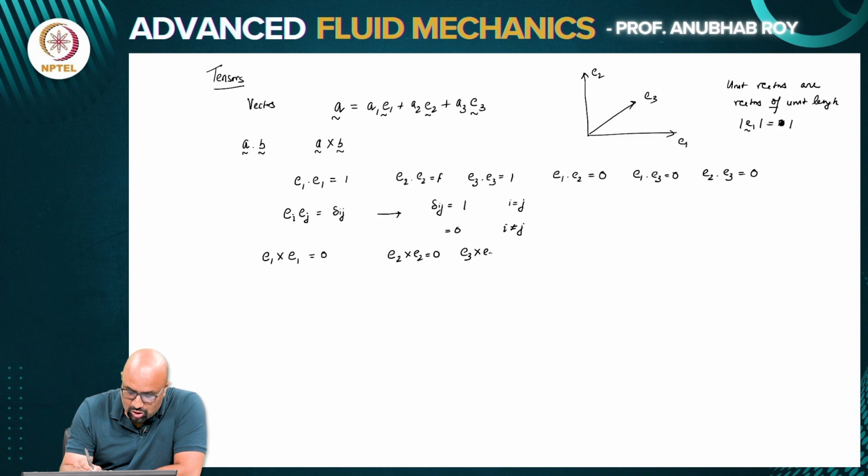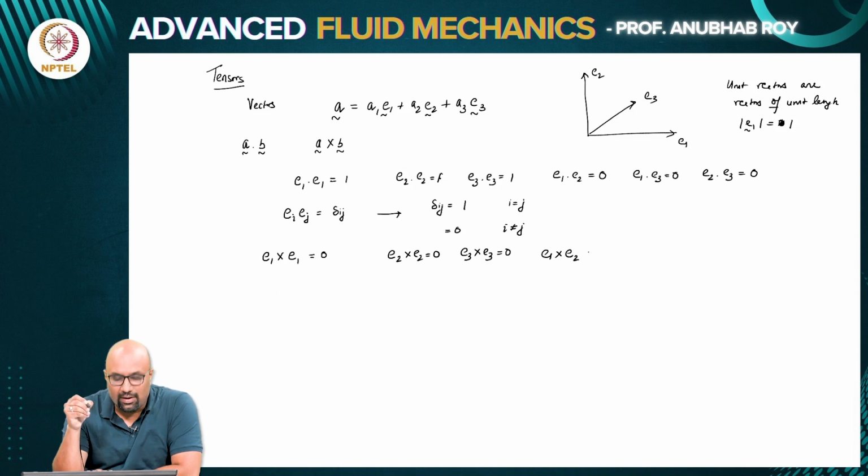The same holds true for E3, and the non-zero answers that I would start getting is when they are perpendicular to each other. So when they are perpendicular to each other, then E1 cross product with E2 would actually give me E3. So the unit vector along 1, its cross product with unit vector along 2 gives me E3.